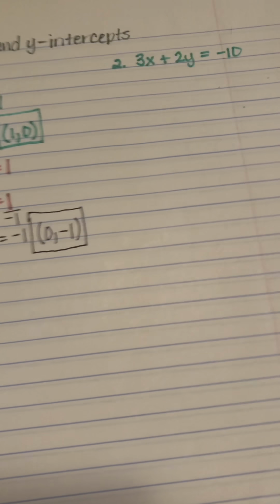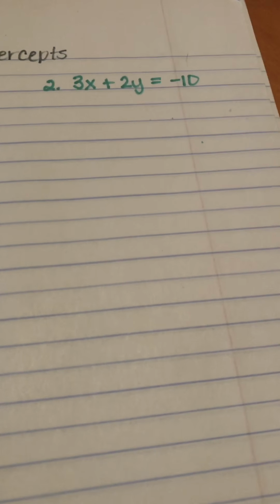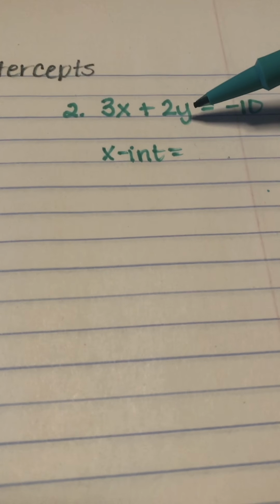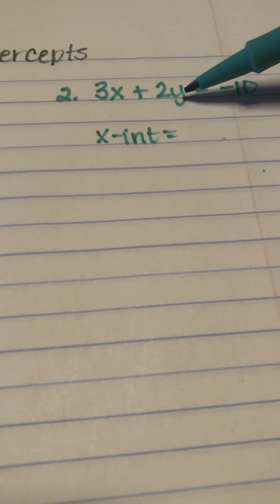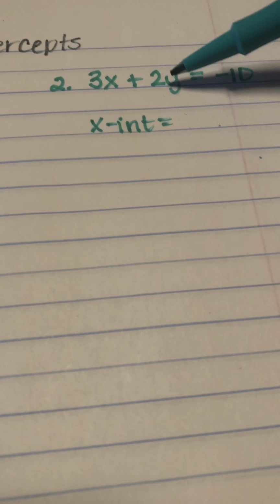Okay, so let's do another example. So this is number 2 on your worksheet. So again, I'm going to start with that x-intercept. Once again, I know that this y value is going to be 0. So 0 times 2, well, that's just 0.